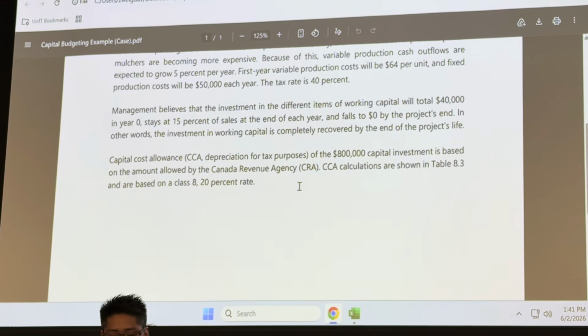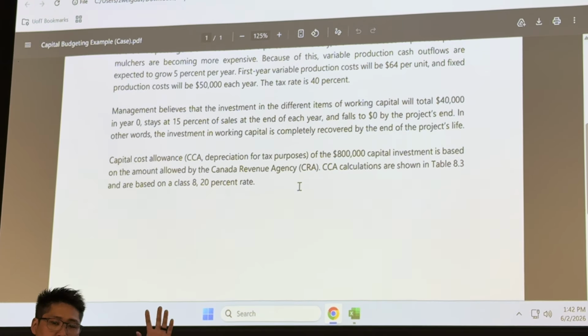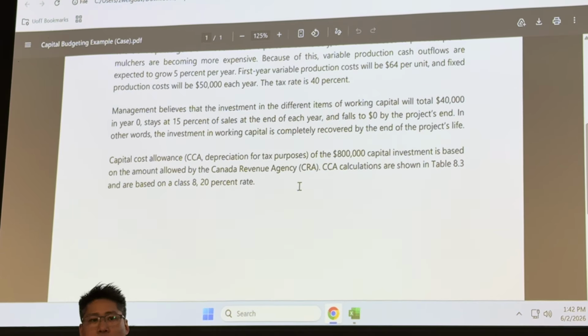Capital cost allowance, CCA, again, oftentimes we just call it depreciation, of the $800,000 machine is based on the amount allowed by the Canada Revenue Agency, CRA. CCA calculations are shown in Table 8.3, which is in the textbook, based on class 8, 20%. Mind you, in this class, I'm not going to ask you to memorize the tax code.